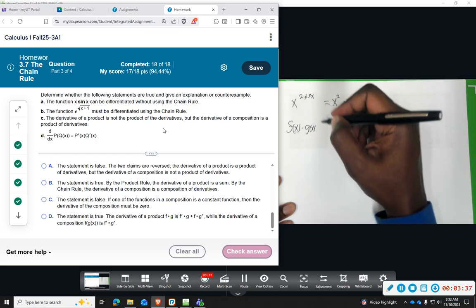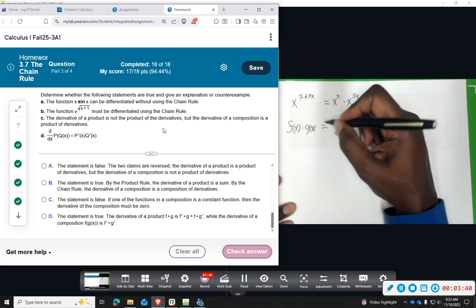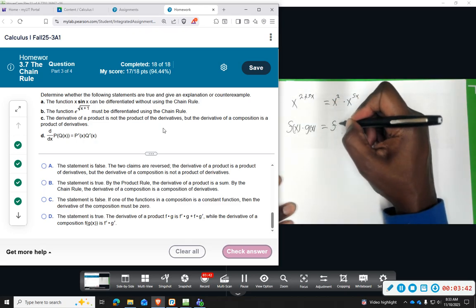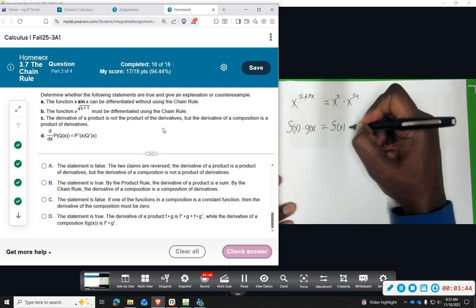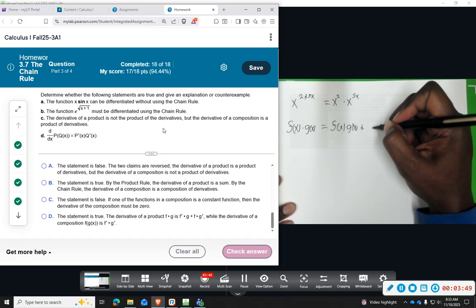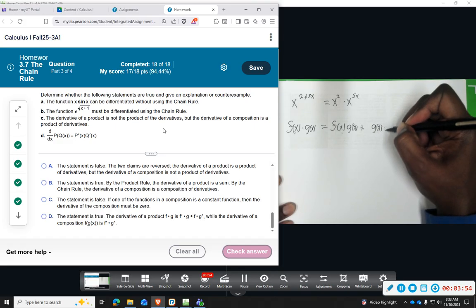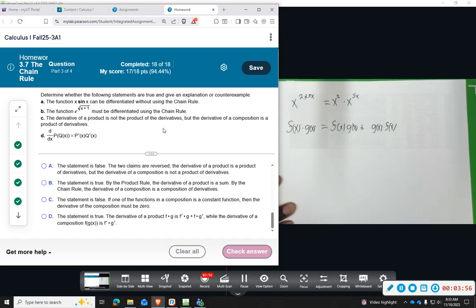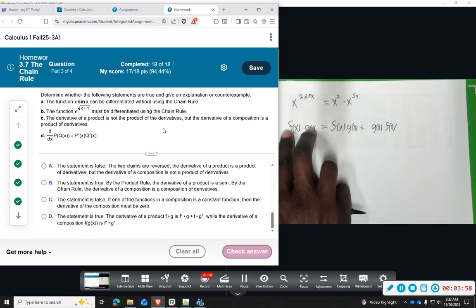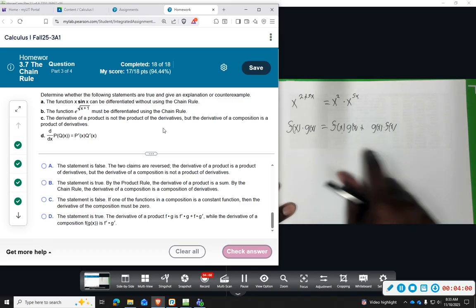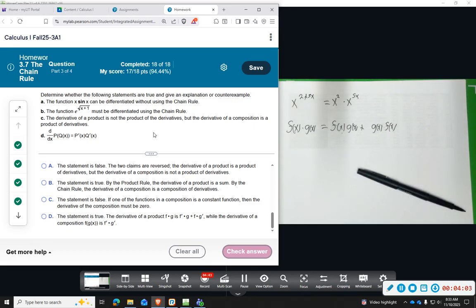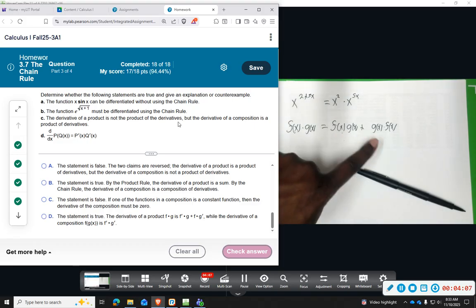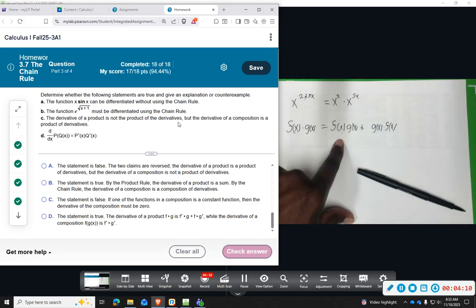When we do this derivative, we get f prime times g plus g prime times f. Okay, so this is not the same as just taking the derivative of each of them and multiplying them. We actually end up with a sum. So it says the derivative of a product is not the product of derivatives. That's a true statement. It's not the product of the two derivatives. So we got a sum here.